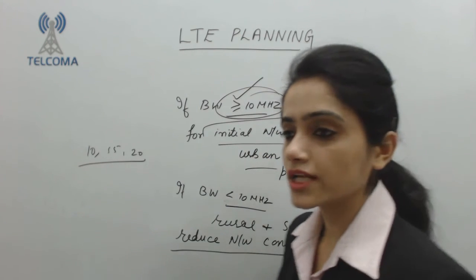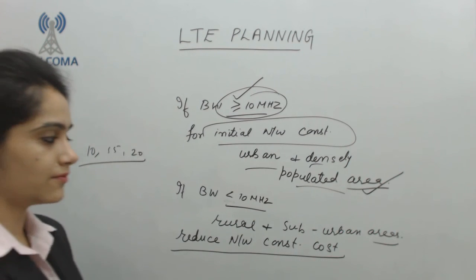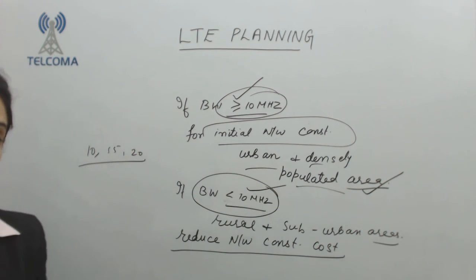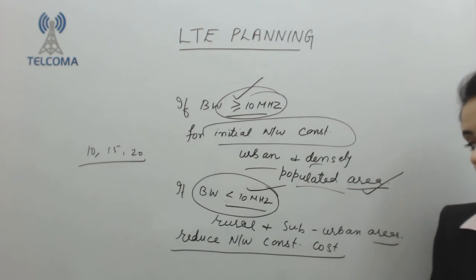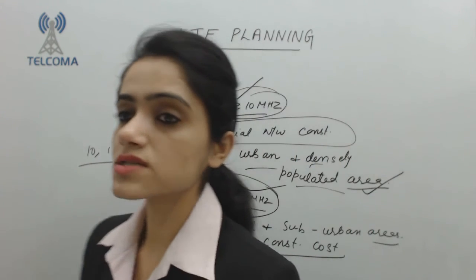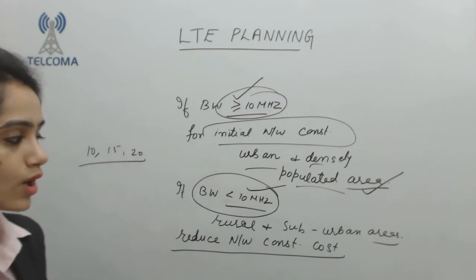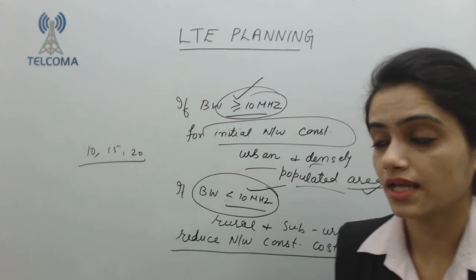But if I'm getting bandwidth less than 10 megahertz, then I can use this planning concept in rural and suburban areas so that my network construction cost will be less.